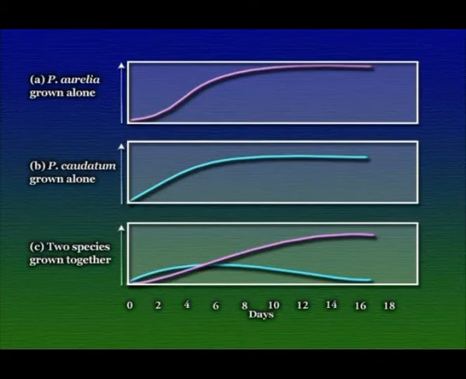In another few days, Paramecium caudatum in the test tube would go down to an extremely small number of individuals, or perhaps even become extinct in the test tube. Meanwhile, the population of Paramecium aurelia would continue to grow, eventually leveling off at its own carrying capacity. In other words, Gauss found that if Paramecium caudatum and Paramecium aurelia were grown together, the aurelia won the competition, and the caudatum more or less were wiped out.